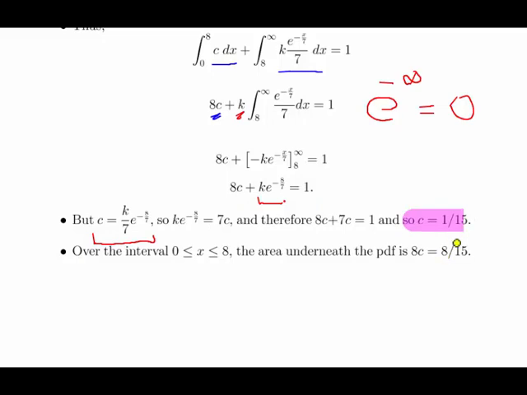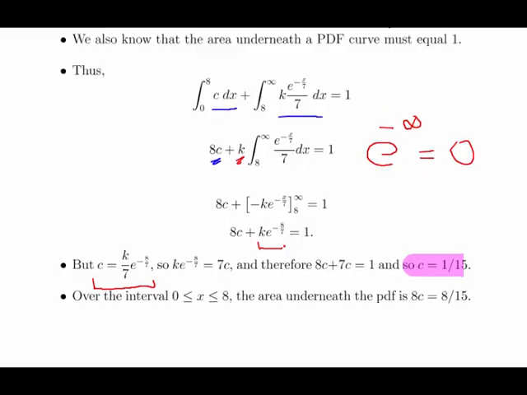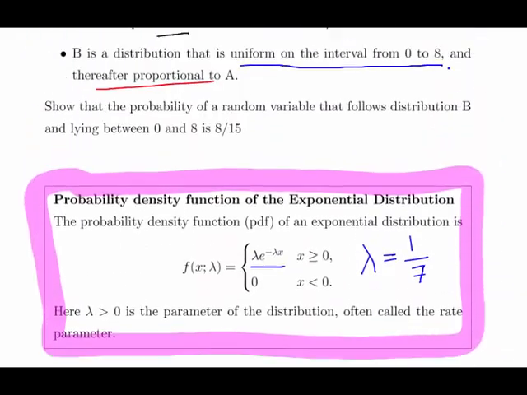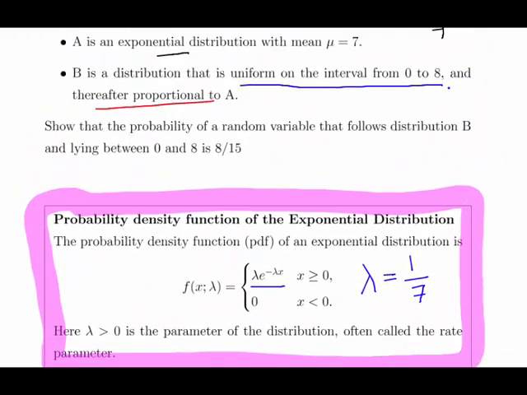So over the interval 0 less than or equal to x less than or equal to 8, the total area under the curve is 8 times c, which is 8 over 15. Was that the question we were asked? That was the question we were asked. Okay, we'll leave it there.